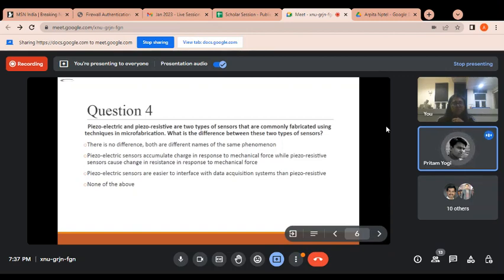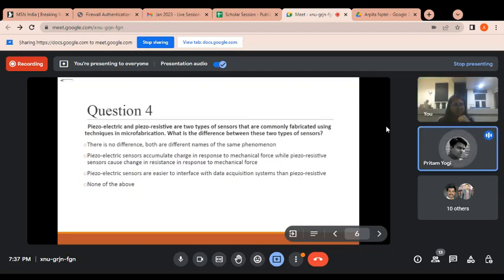So I think an external supply is not needed. For both cases, we are giving some input and getting some output in the form of voltage, which generates some charge. So we are getting this electric charge in the form of voltage. And when we put some force as an input to the device, we get the output as a change in resistance.